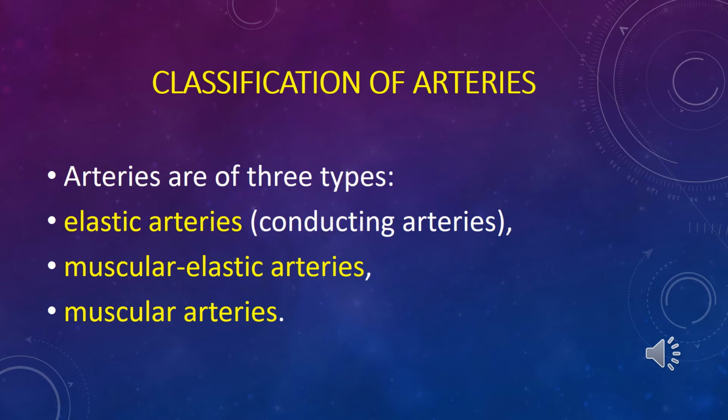Classification of arteries: arteries subdivide into three types: elastic arteries, muscular elastic arteries, and muscular arteries. In different types of arteries, different types of hemodynamics are represented.